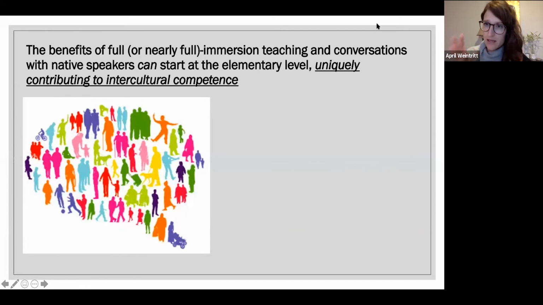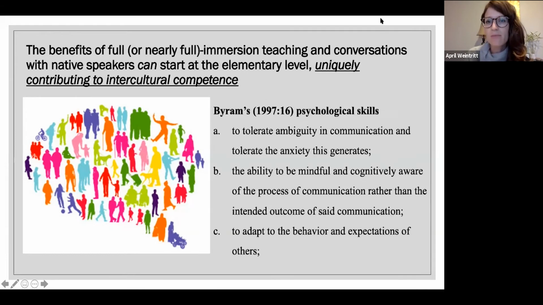And this aspect of our teaching uniquely contributes to intercultural competence, right? It's not intercultural communicative competence yet, but we are contributing uniquely to intercultural competence because of these 3 psychological skills that Michael Byram has been highlighting for a decade now.